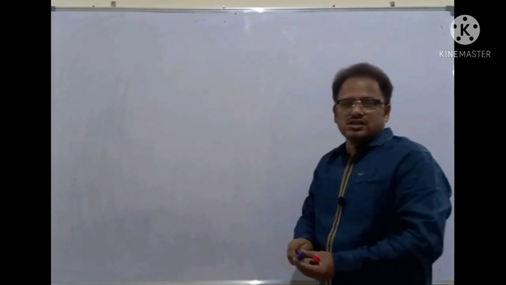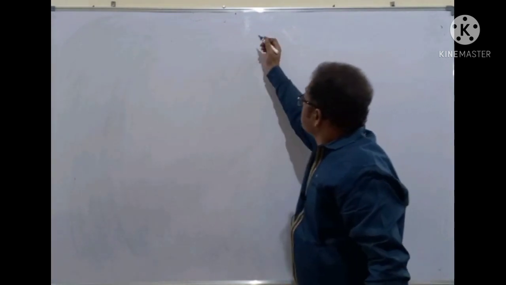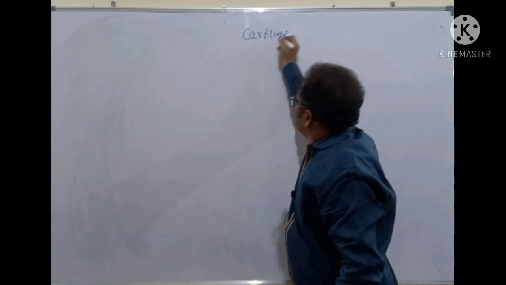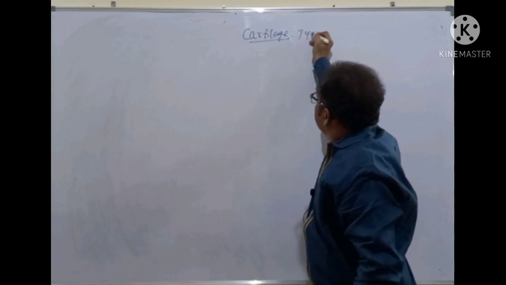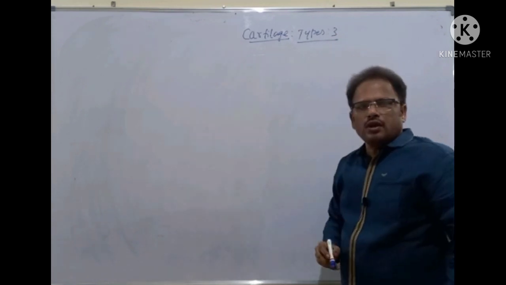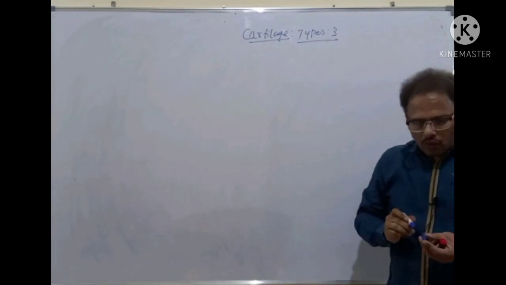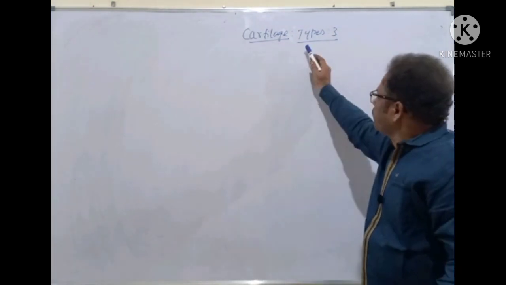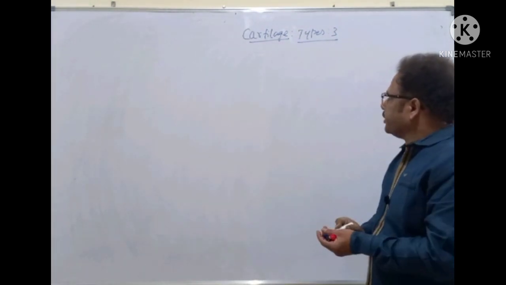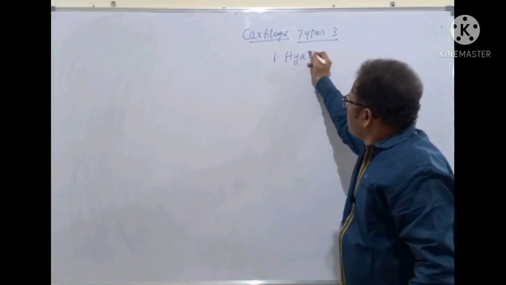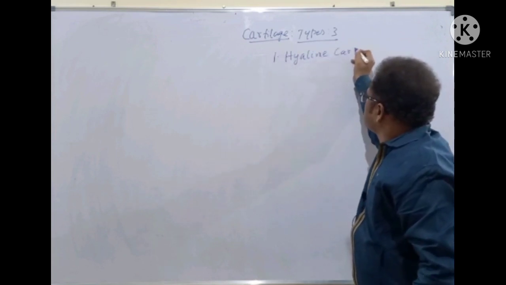Now the heading is types of cartilage. Three types of cartilage are there, divided based on their properties, extracellular matrix, and so on. First one is hyaline cartilage.